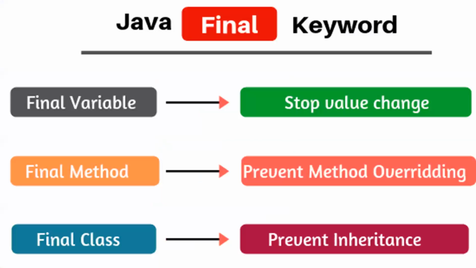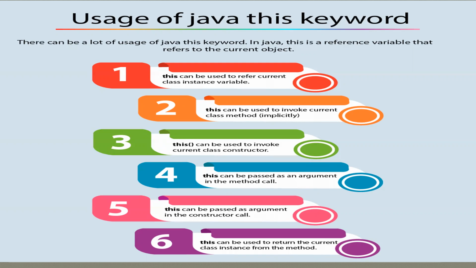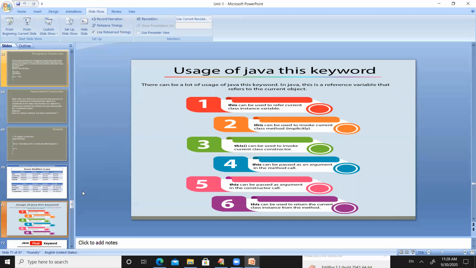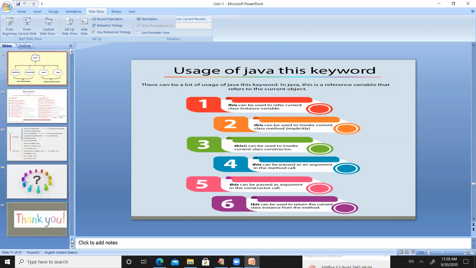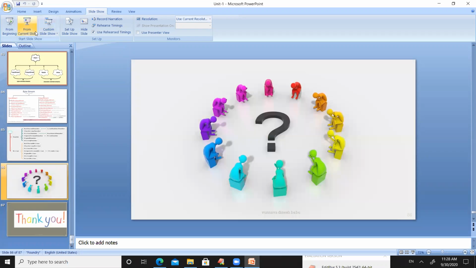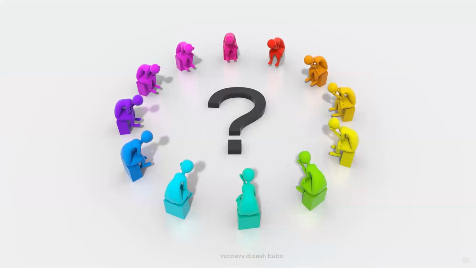So in the next class, we are going to see about the final keyword in Java. Before that, if anybody is having doubts, please make a comment here. Please listen to the class. If you don't understand the class once, please go through the class again. It's not a mistake.